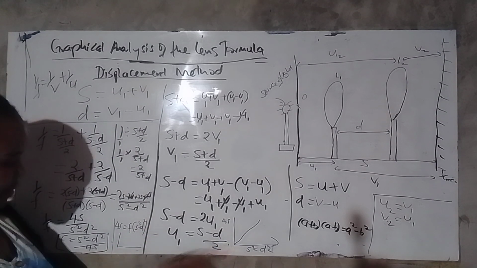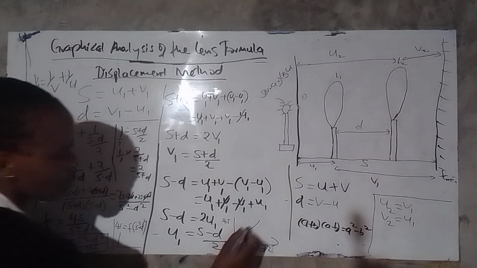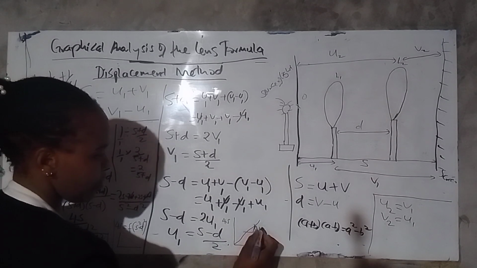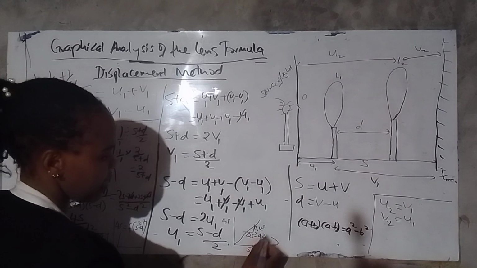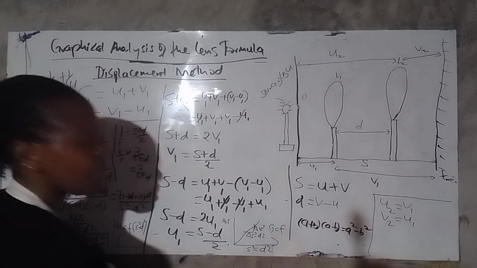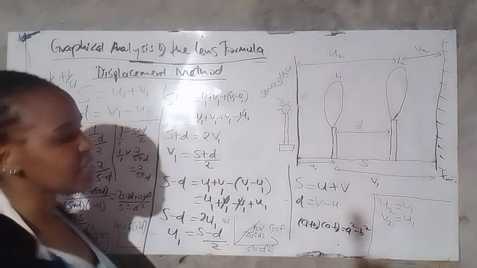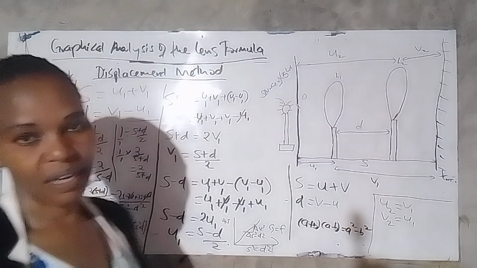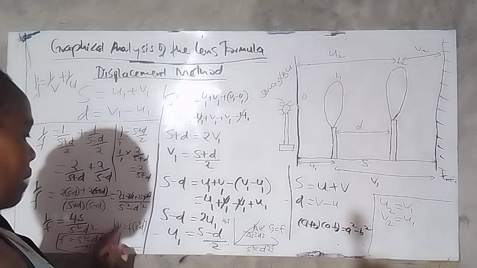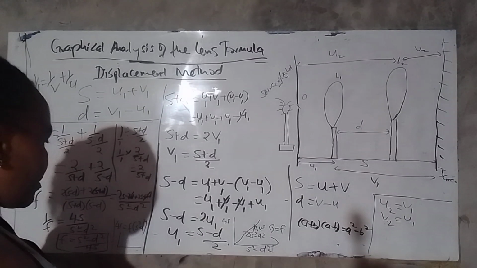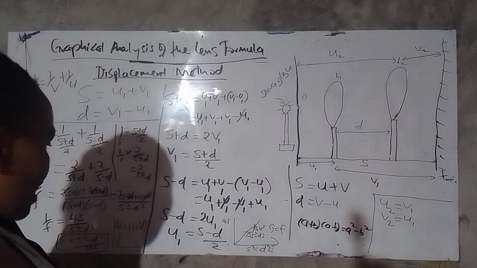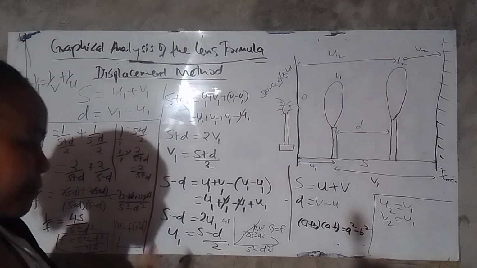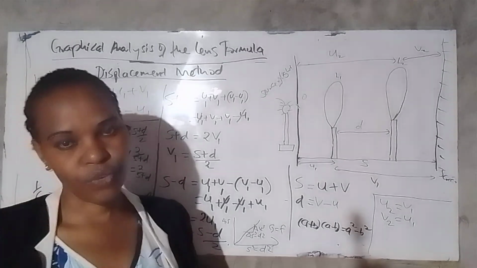And what will be your gradient? Your gradient, that is change in 4s over change in s squared minus d squared, will be your focal length. So when you plot 4s against s squared minus d squared, you get the focal length of your lens.